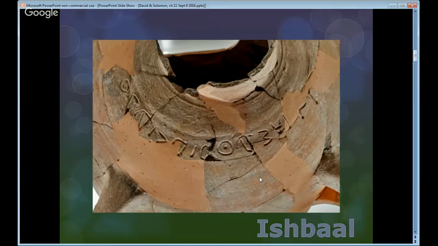Now, scholars argue that within Israel's scribal schools, there was the Elohim school, there was the Yahweh school, and so they view that the Yahweh school would not use the word Baal because it was prohibited in the Torah. So rather than referring to Saul's son as Ishbaal, they would refer to him as Ishbosheth.